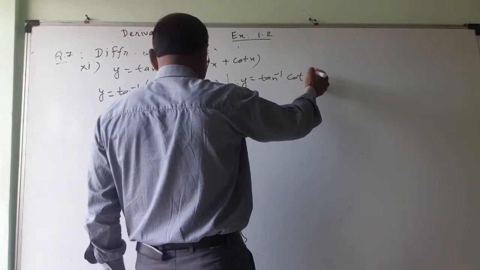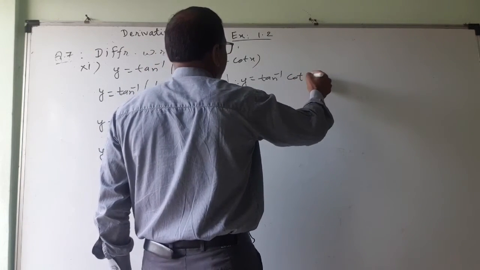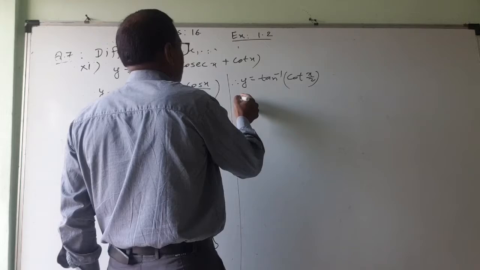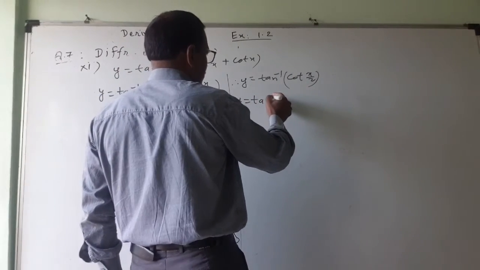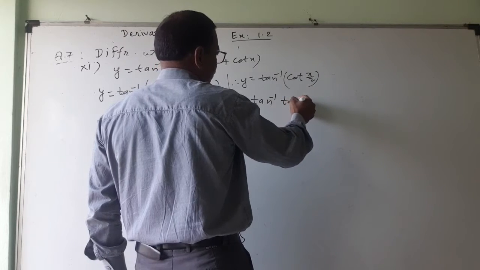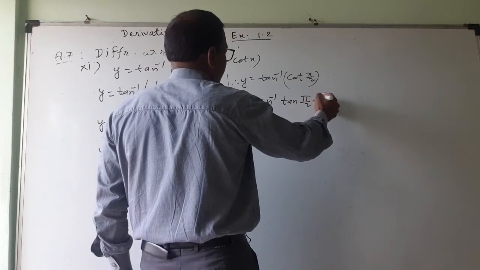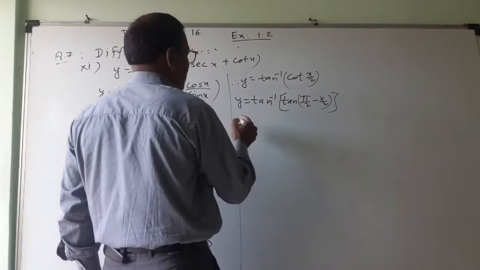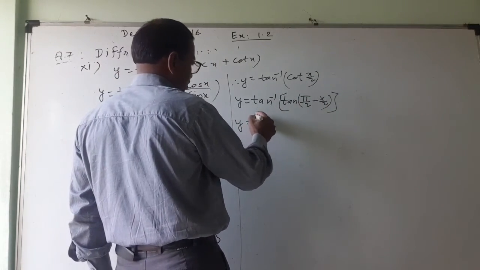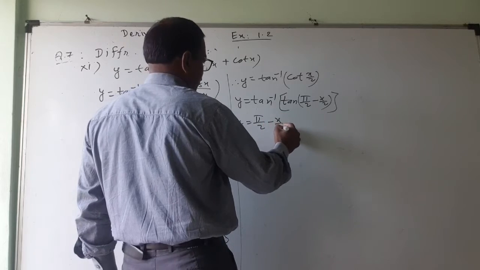So tan inverse of cot of x by 2. We can't cancel this, so convert this cot into tan. So tan inverse of tan of pi by 2 minus x by 2. Now this is cancelled, so y is equal to pi by 2 minus x by 2.